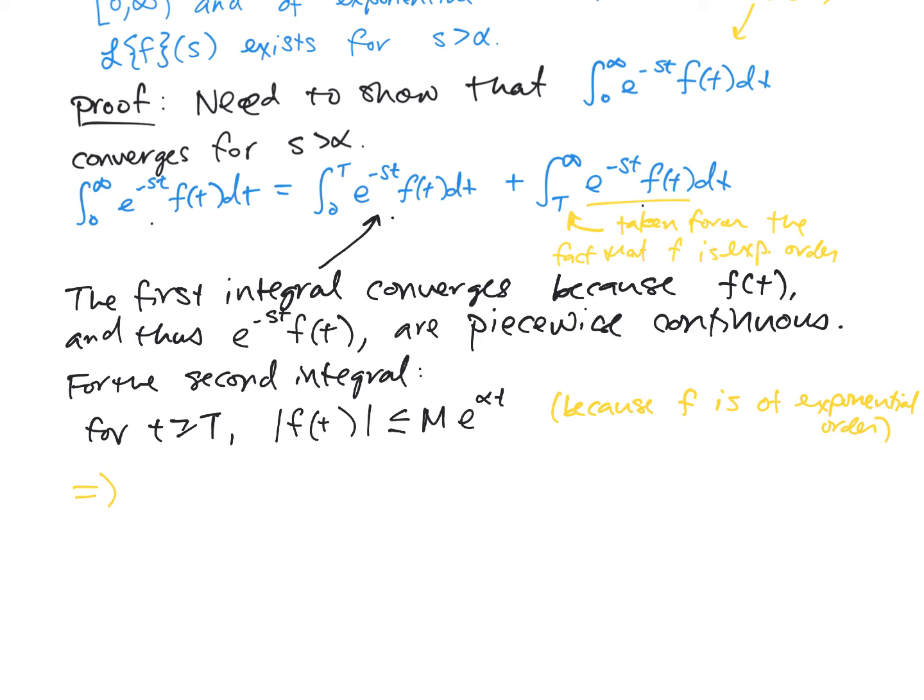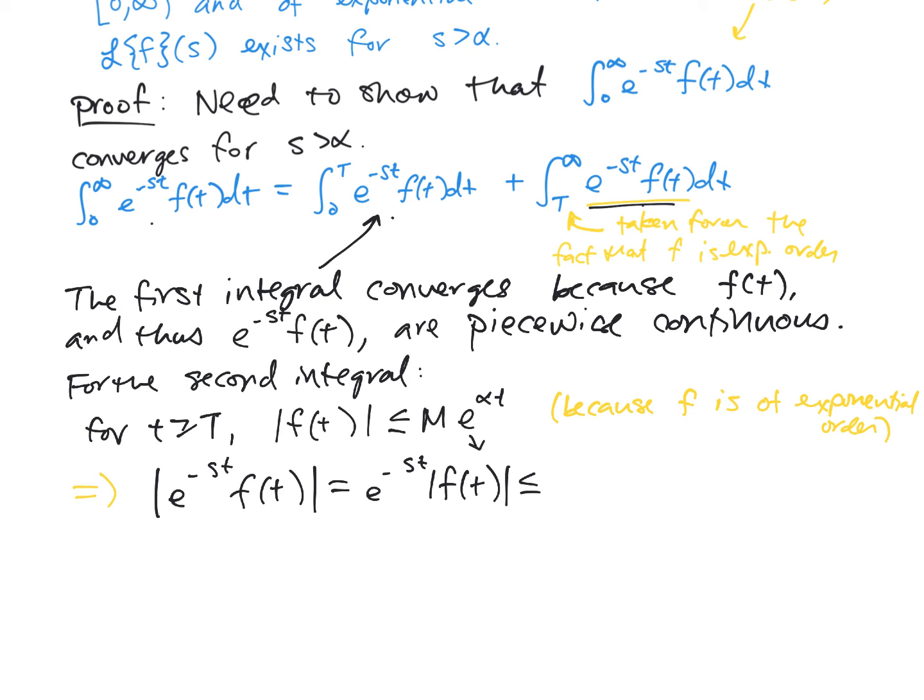And therefore, let's go back to black, the integrand of this guy up here is e to the negative st f of t. In absolute value, we can say it's equal to, the exponential is always positive, so we can pull that out, e to the negative st times the absolute value of f. And now we can just plug that in here.